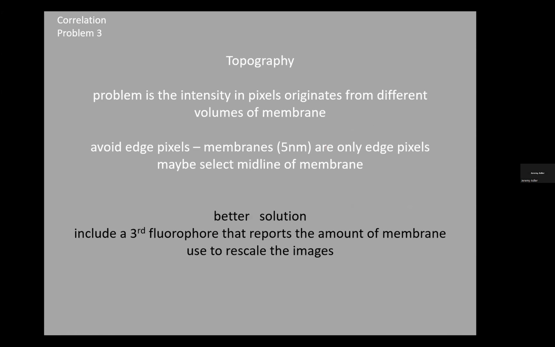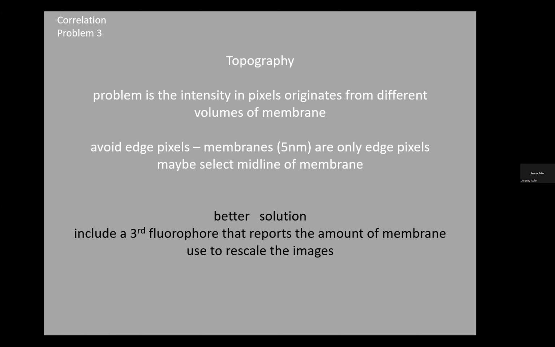So another way of looking at this is topography, the fact that our membranes are not flat, that they are folded. So here's the problem. The intensity in pixels originates from different volumes of membrane, different amounts of membrane in each pixel. This is exactly what we get on the edge of a solid structure.